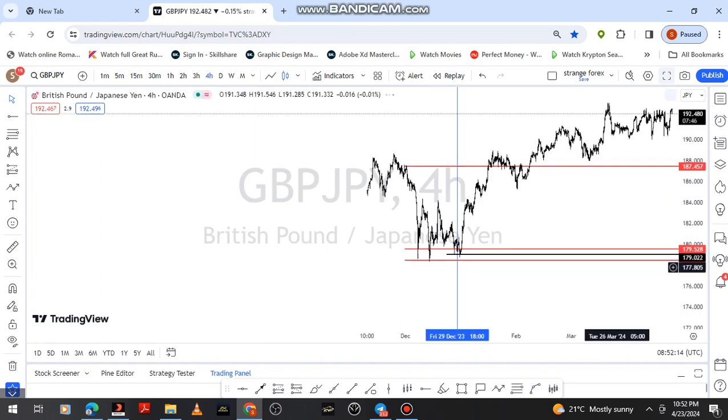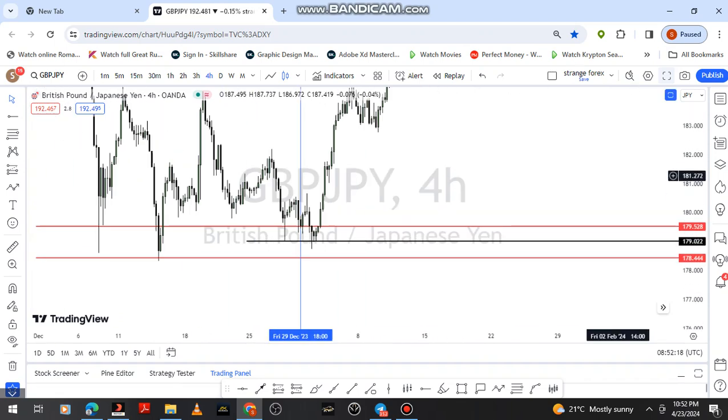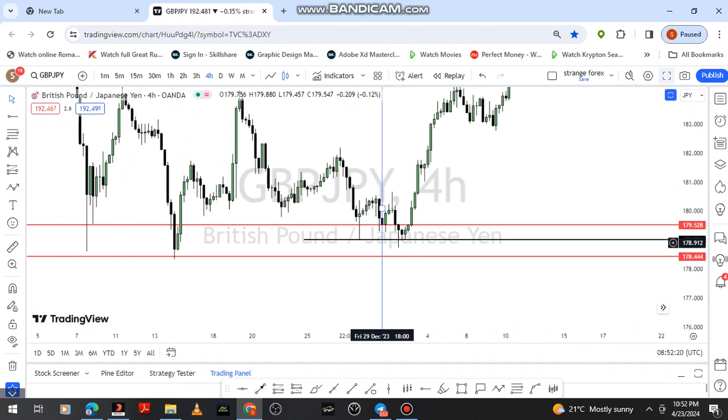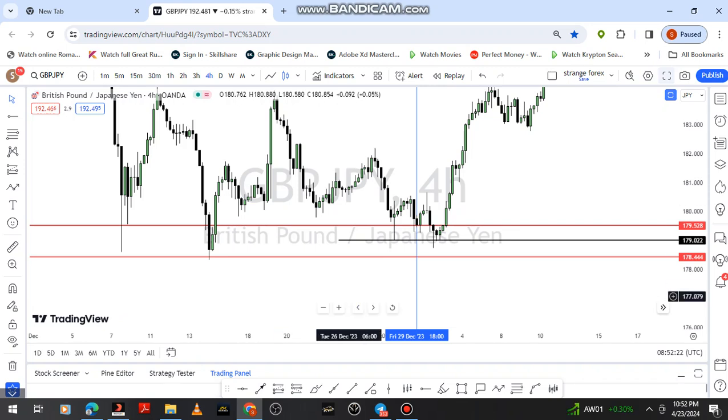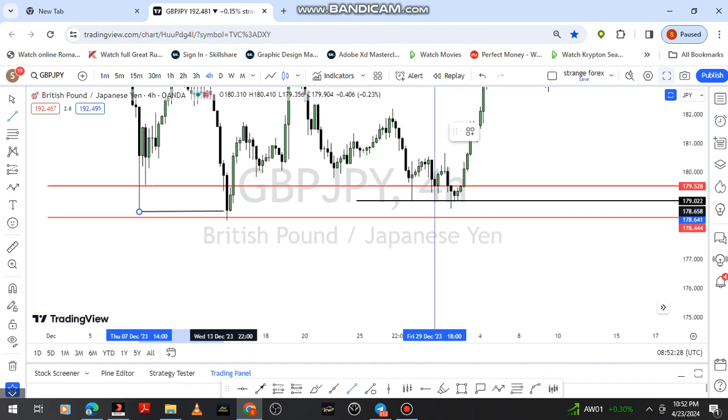To check if there was an order block or anything at that point. You can see that there was an order block at this point. This one swept, and then we have a big order block here on the 4-hour.